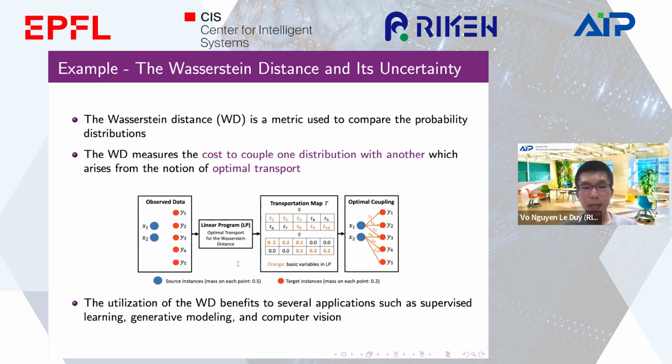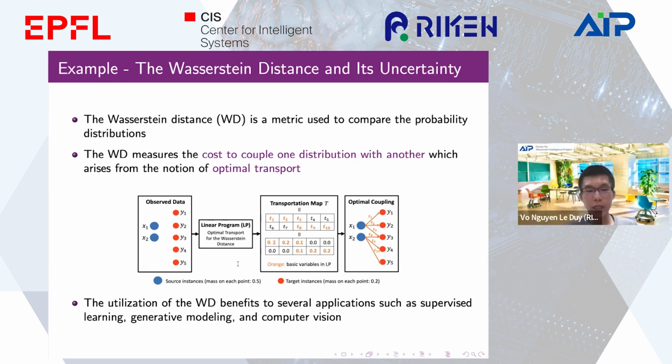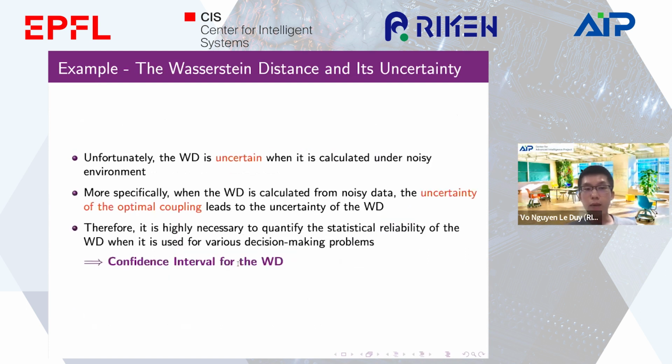The Wasserstein distance has attracted a lot of attention and has been used in various machine learning tasks. Its utilization benefits several applications. For example, it can be used as a loss function in supervised learning, generative modeling, or computer vision. But unfortunately, the Wasserstein distance is uncertain when it is calculated in a noisy environment. More specifically, when it is calculated from noisy data, the uncertainty in the optimal coupling leads to the uncertainty of the Wasserstein distance.